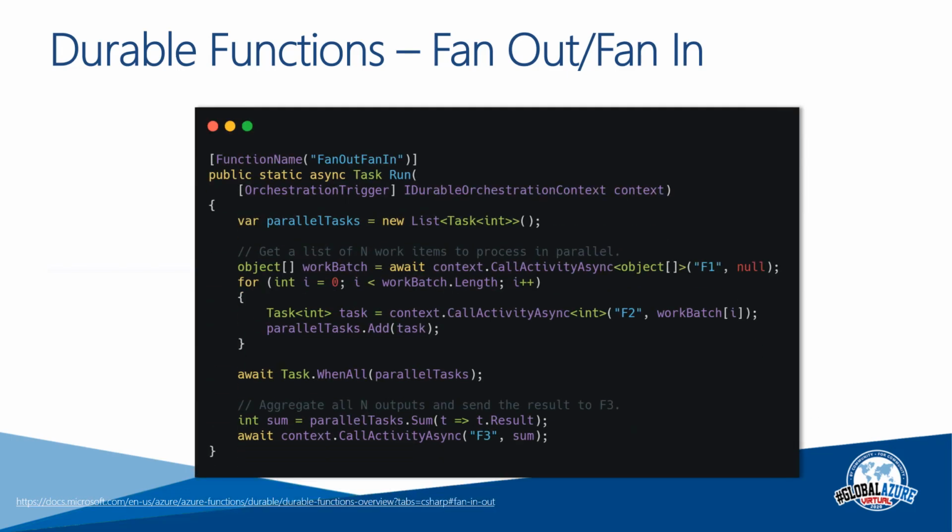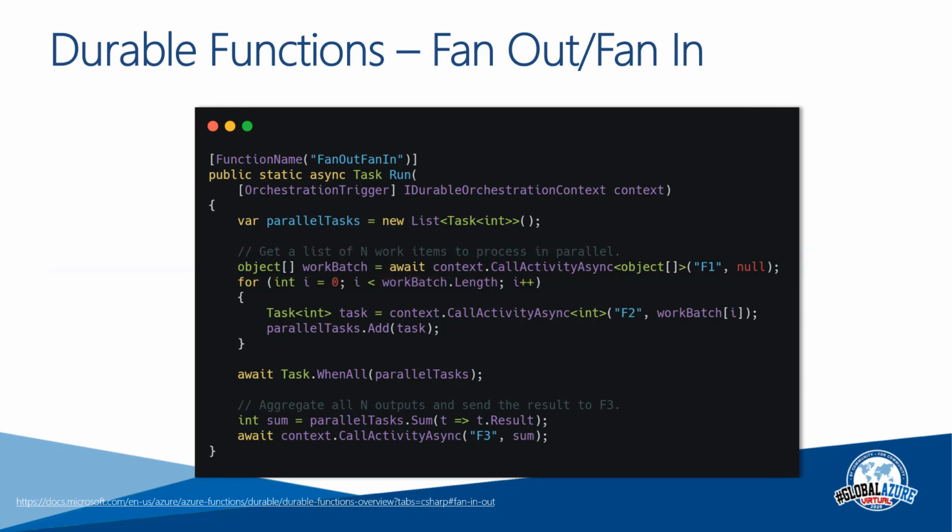The way that it does this, in this case, is we have a list, which is a task of int. And the line where it's calling F1 mimics getting all of the work that needs to be processed. That gets stored into the work batch. So let's say that has 100 records.